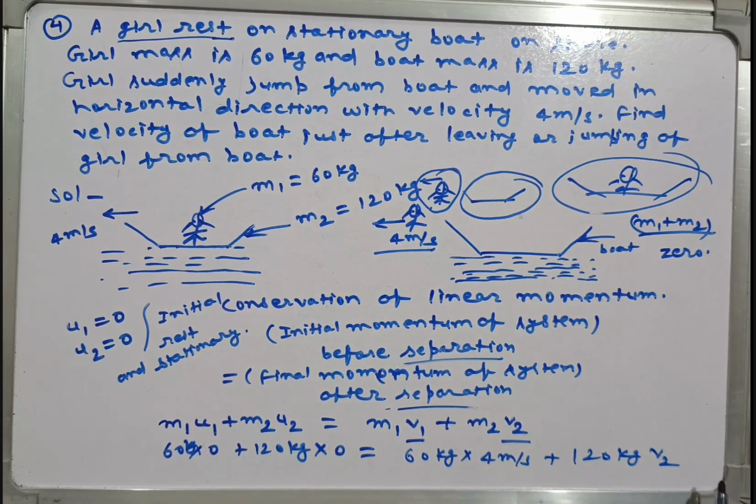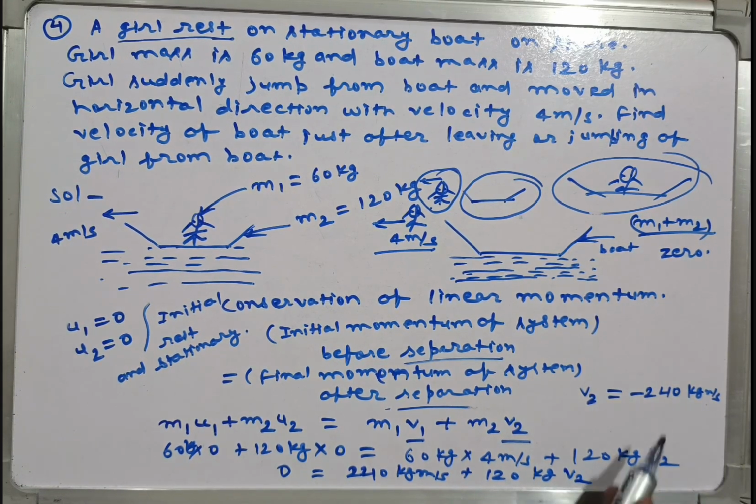So what you get, v2 equals, guys, 240 kg meter per second with a negative sign, because if this is 0, then 0 equals 240 kg meter per second plus 120 kg times v2.